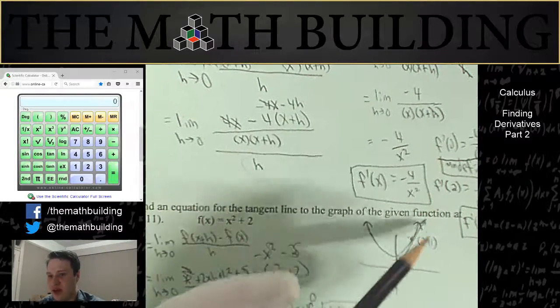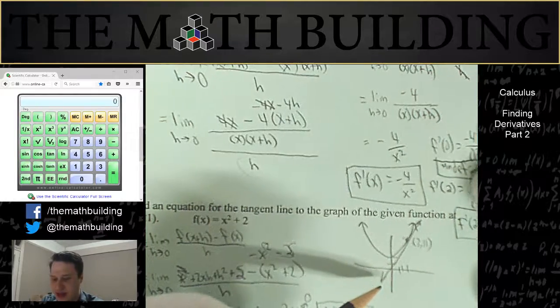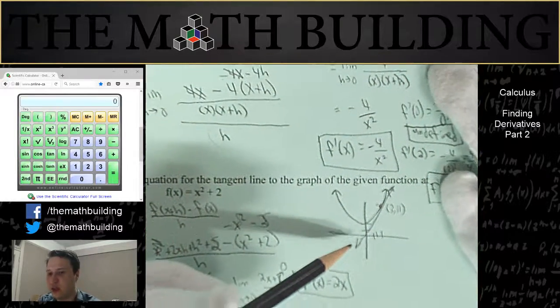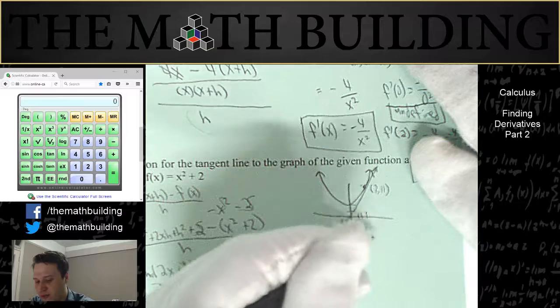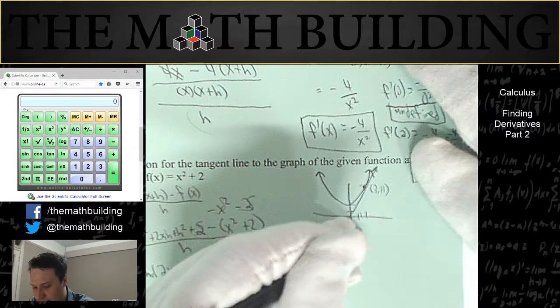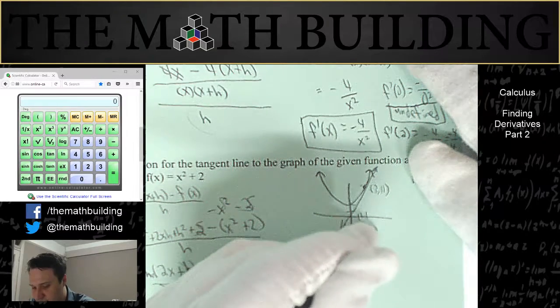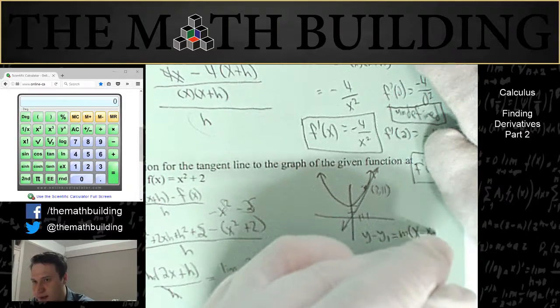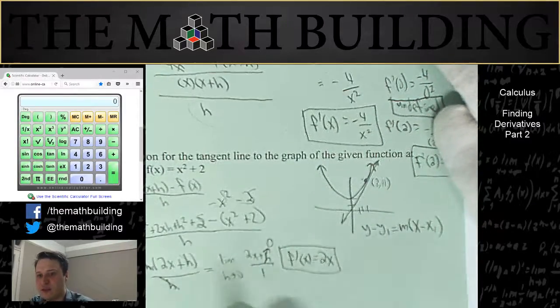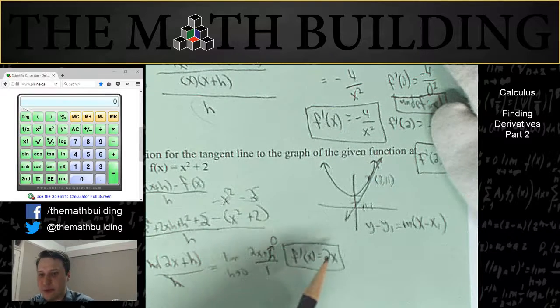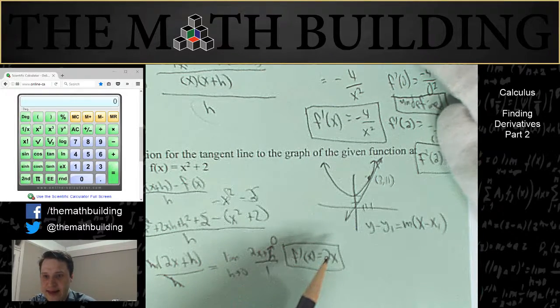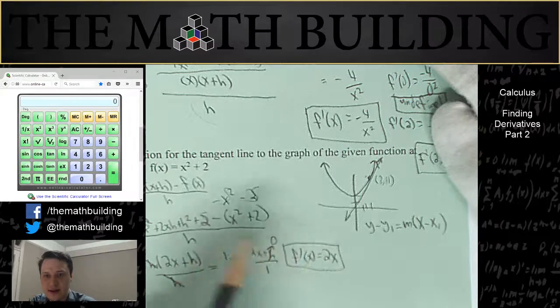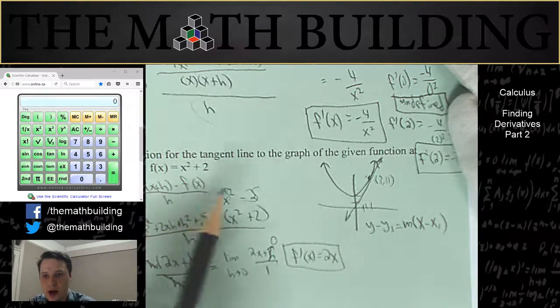Now they want the graph of this equation. And to get that, you're going to need to use the point slope formula, which hopefully you remember from your algebra class. It is big Y minus little y equals m times big X minus little x. We know what the slope is, and we know a point on the graph.